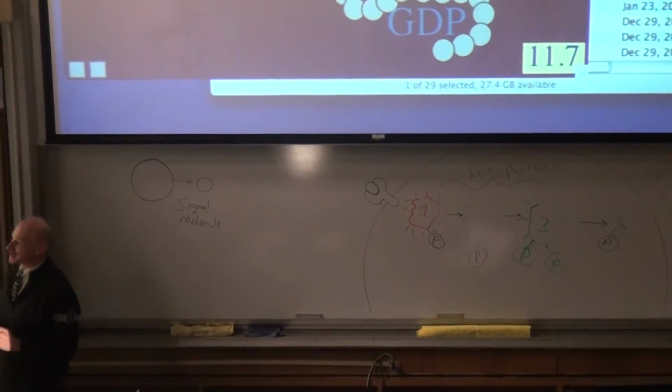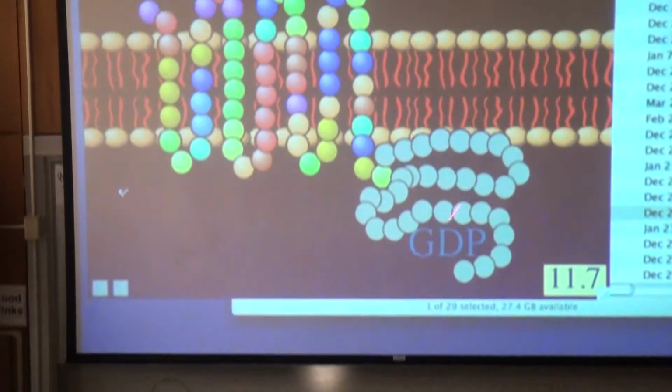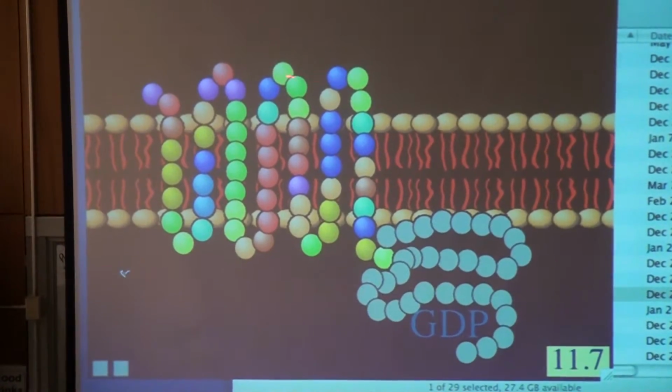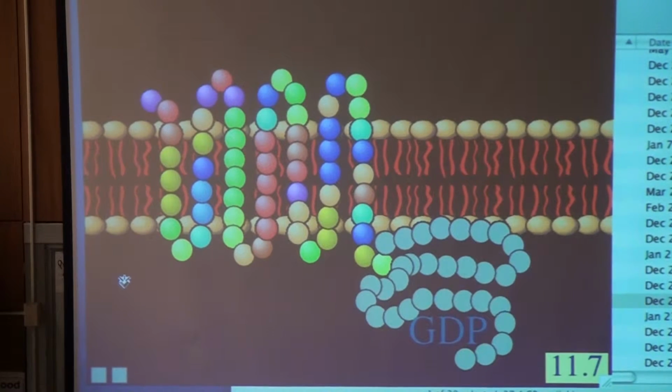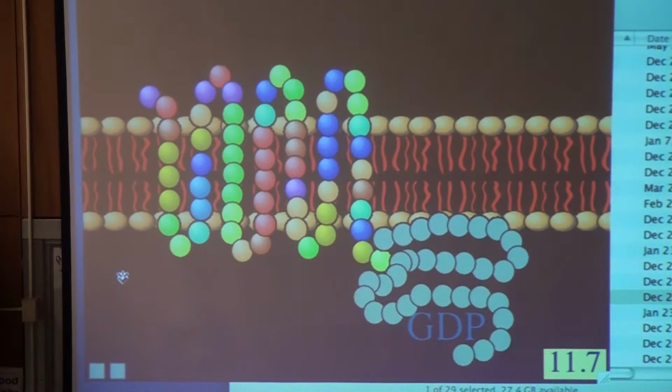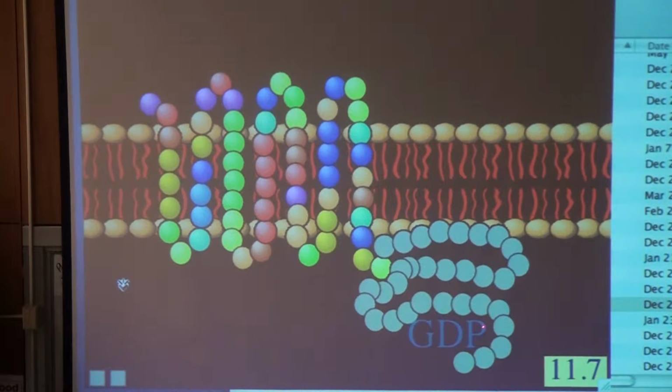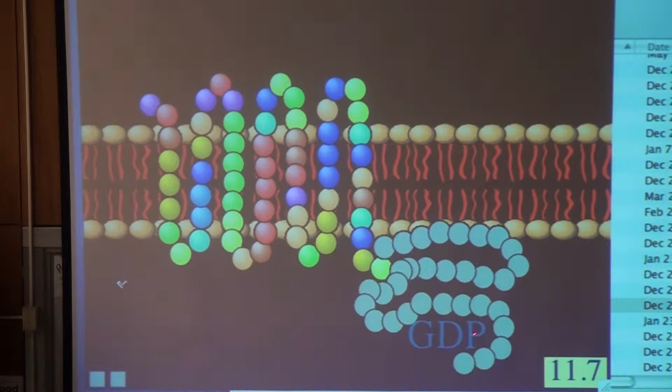So we expect the G protein to be inactive most of the time, since there's no signal molecule binding up here yet. Well, to keep itself in an inactive state, the G protein binds an allosteric inhibitor, which is guanosine diphosphate, or GDP.